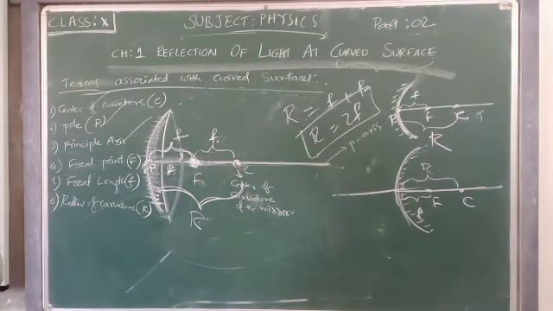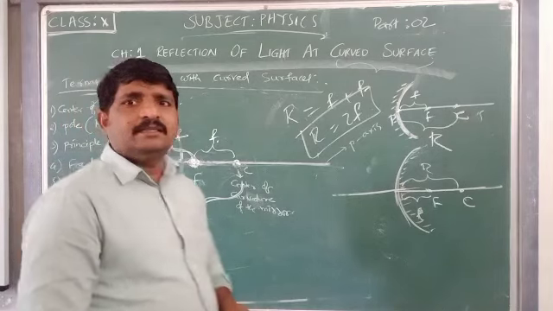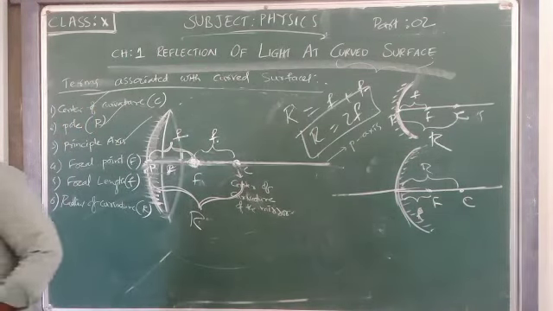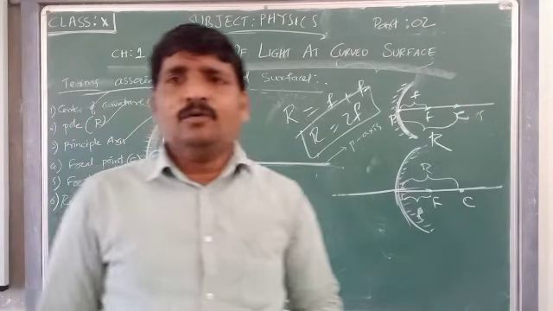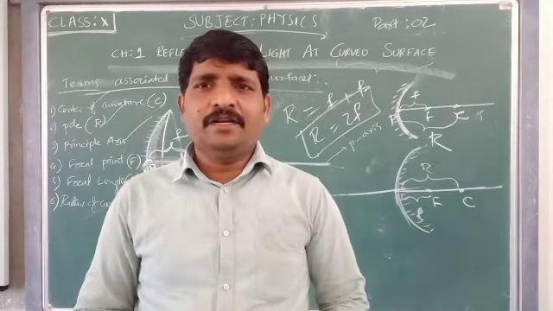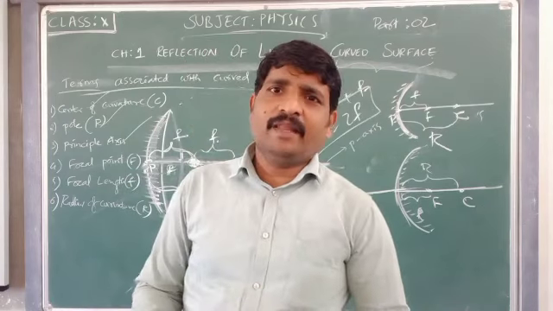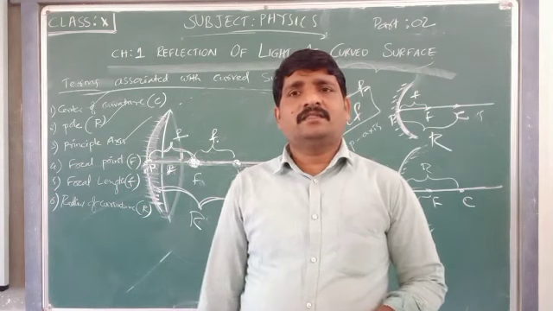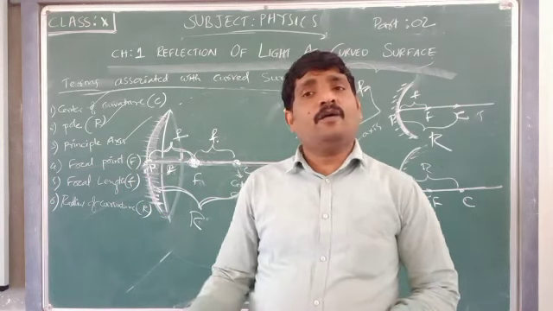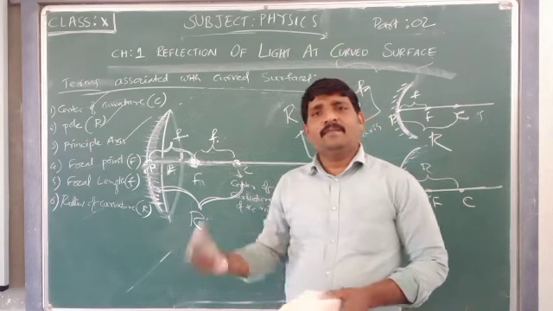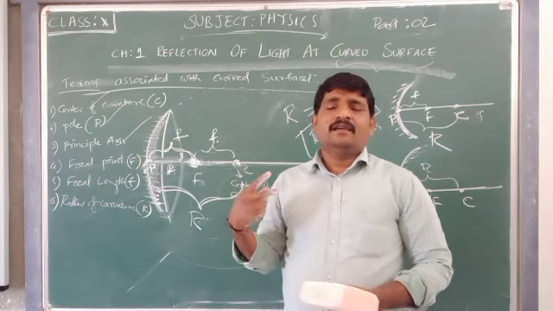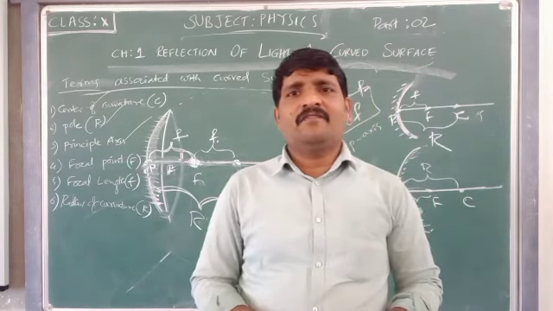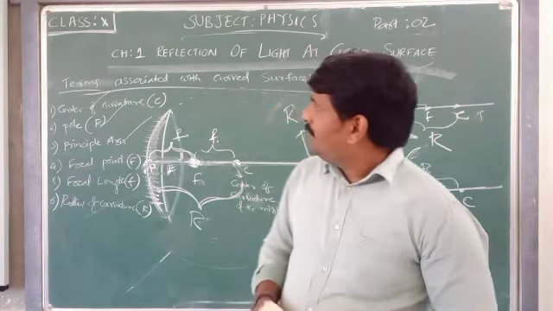Next, we are going to talk about how the rays propagate towards the curved surfaces from any object, how the image formation takes place with respect to curved mirrors, and how the image is formed. We will discuss these different concepts in detail in our further discussions. That's all for today.